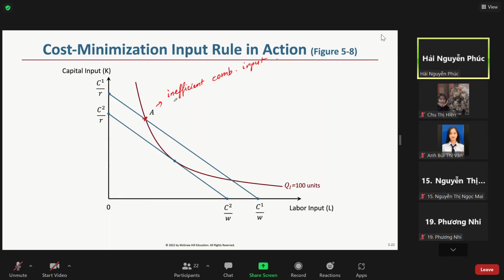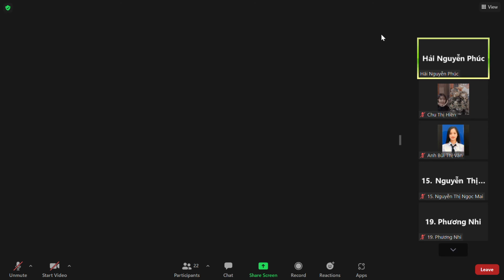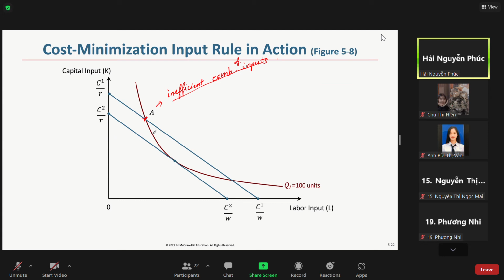Why is point A an inefficient combination of input? Because if you look at this graph, if the firm chooses, for example, point B, what can you observe on this graph?